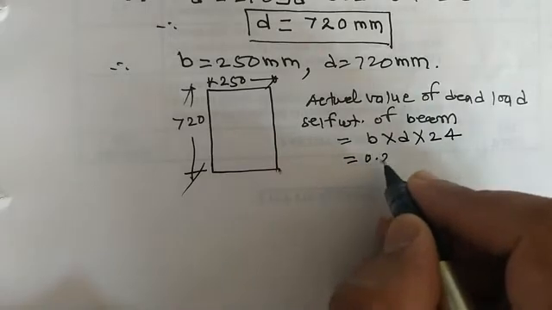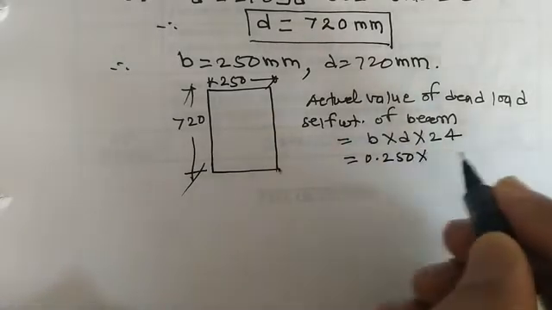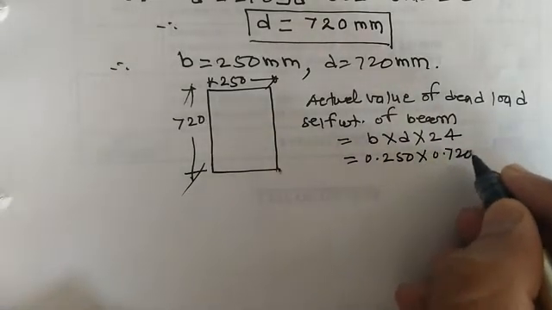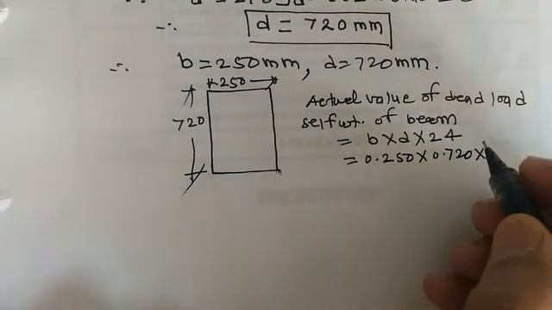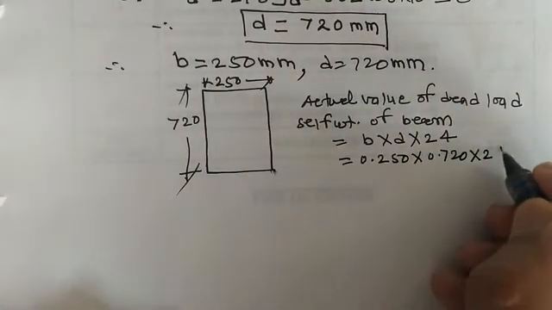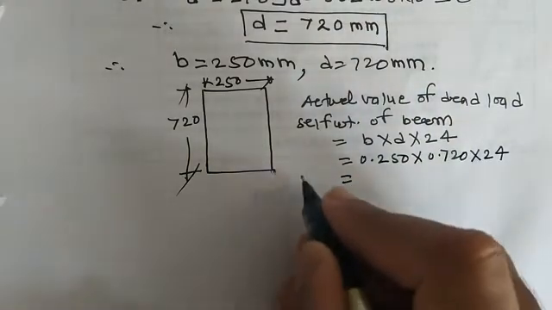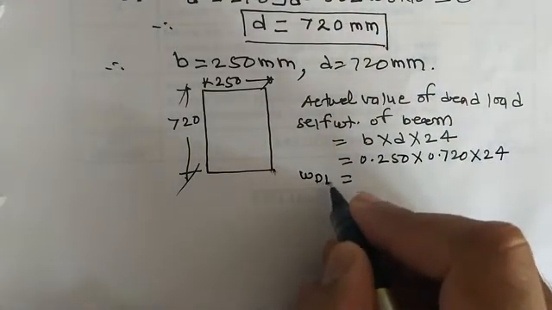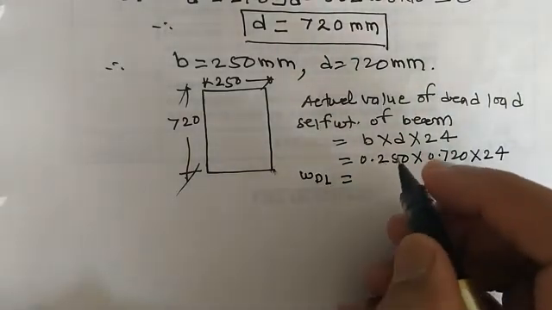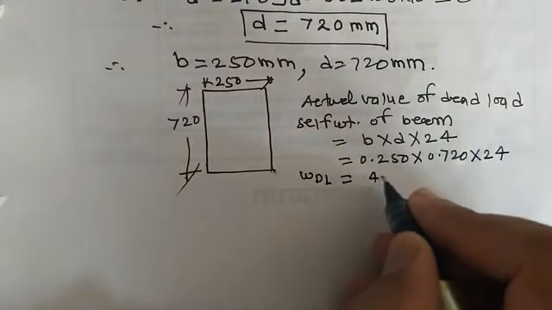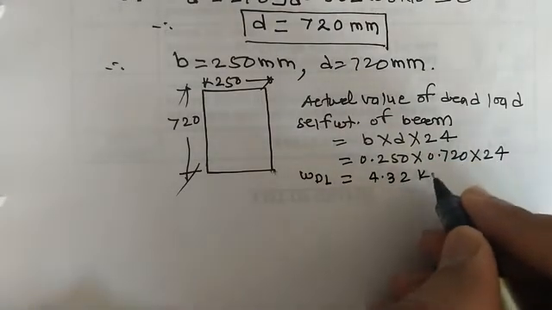So it is 0.250, the calculated width, 0.720, the calculated depth of the beam in meters, multiplied by 24. So what do we get as the value of dead load? The dead load is 4.32 kilonewton per meter.